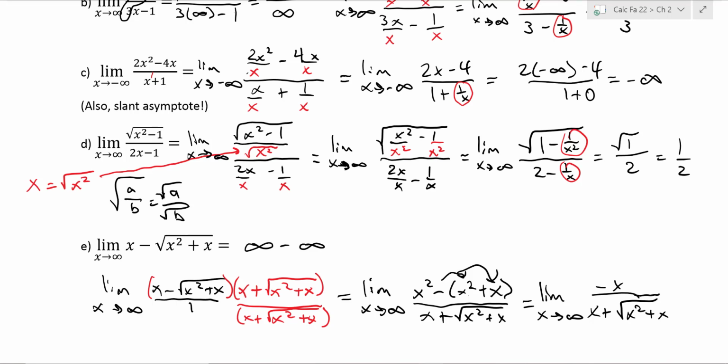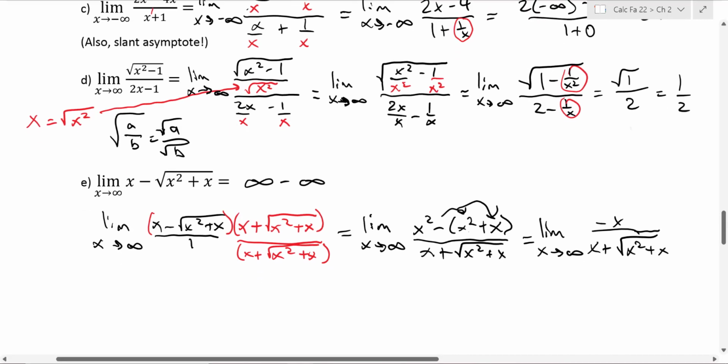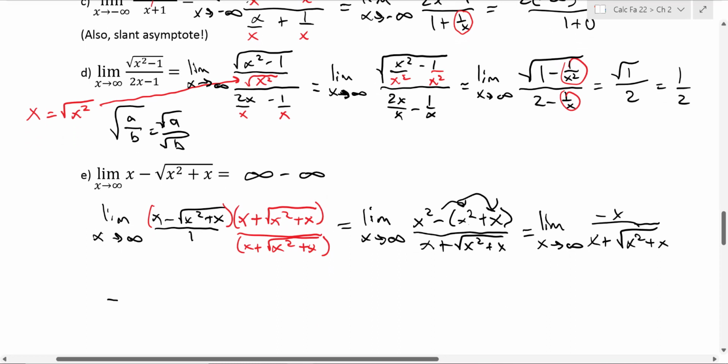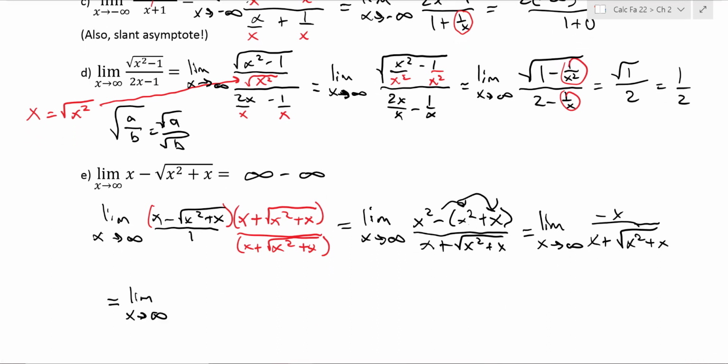And now we can divide by the highest power of x in the denominator to finish it off and find our limit. So it equals the limit as x approaches infinity of minus x over, I guess there's one more thing I could mention, but we're going to divide by x. I'll do it in a sec. And then the x plus the square root of x squared plus x.